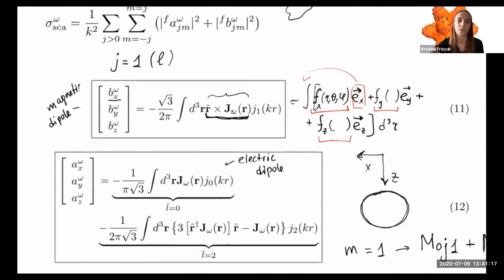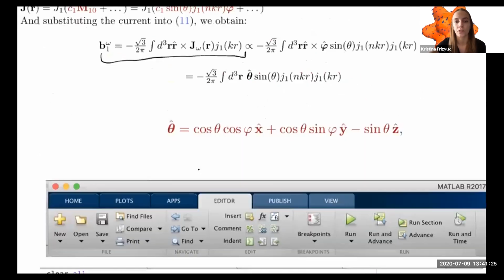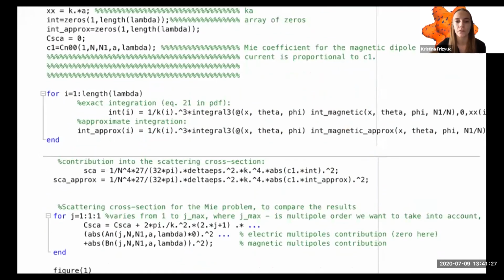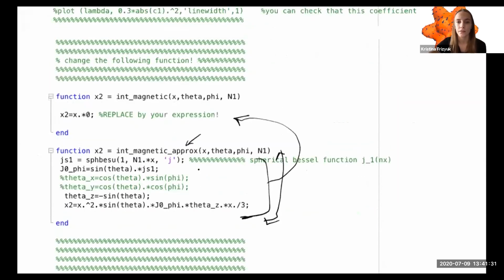All of this is in the PDF, and you can look at it one more time. What is already written in this file is the integrand of the approximate function.